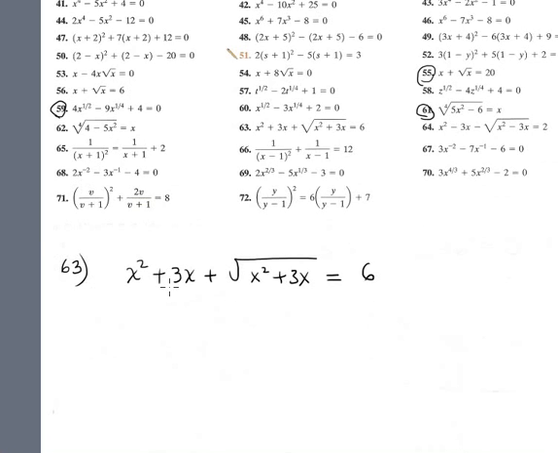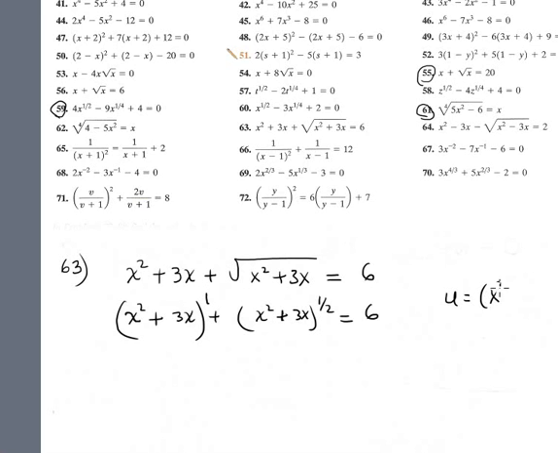Okay, again, this is quadratic form, because I saw this expression, and again the same expression, but raised to the half. So this exponent, once again, is double this exponent. So u is equal to x squared plus 3x, raised to the half.